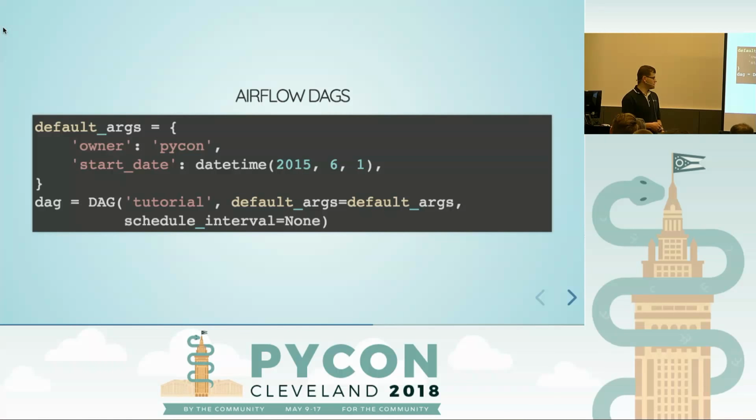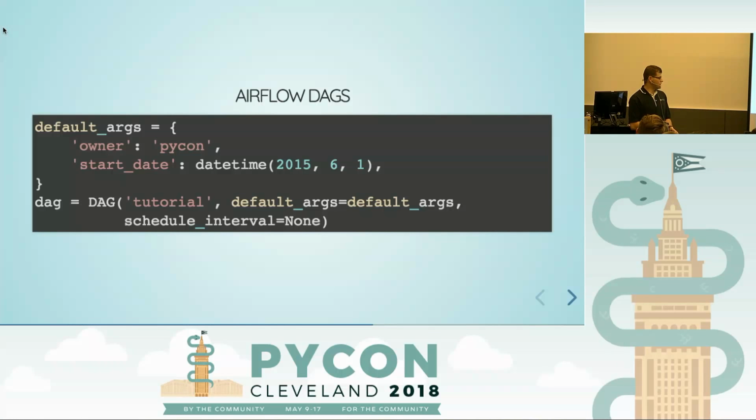By default, this schedule interval is actually daily. So it's going to do what's called a catch-up, and try to run every instance of a DAG that it doesn't see in its database for the last year on a daily basis. Because you don't want to overwhelm your instance of the scheduler or Airflow in general, you definitely want to pass schedule interval equals none so that it doesn't happen.